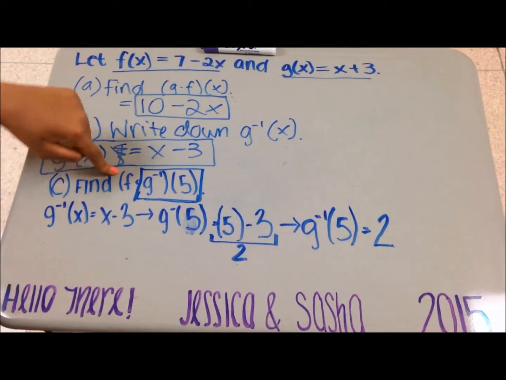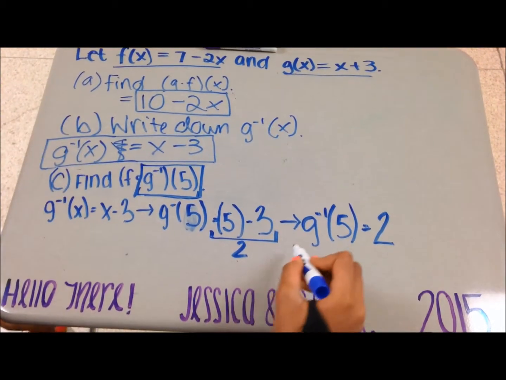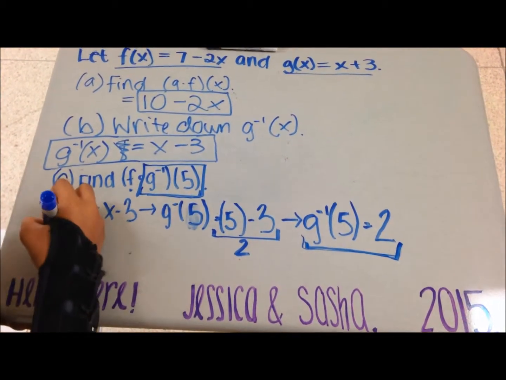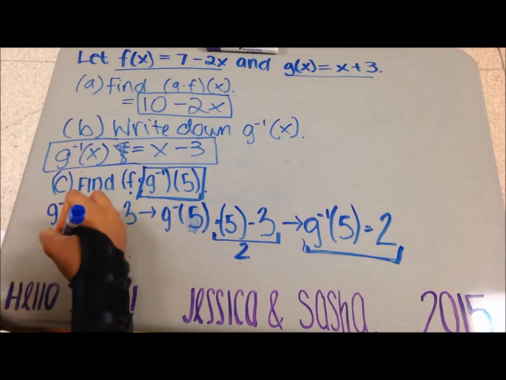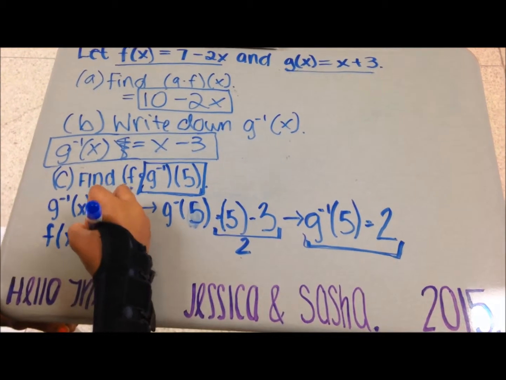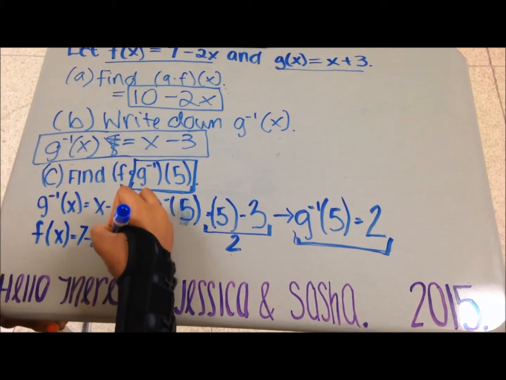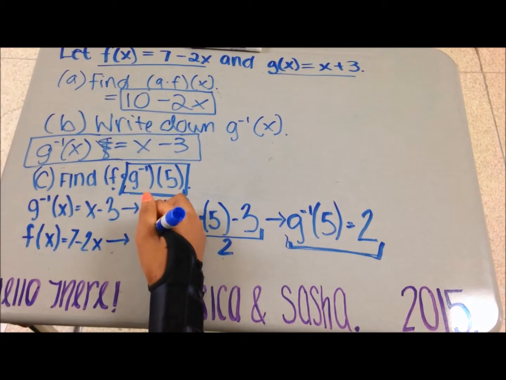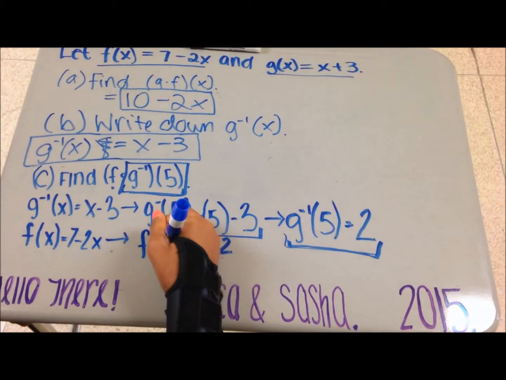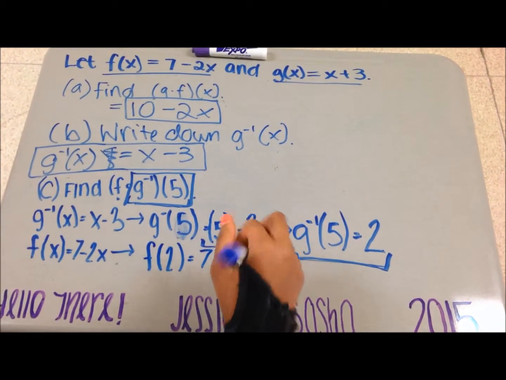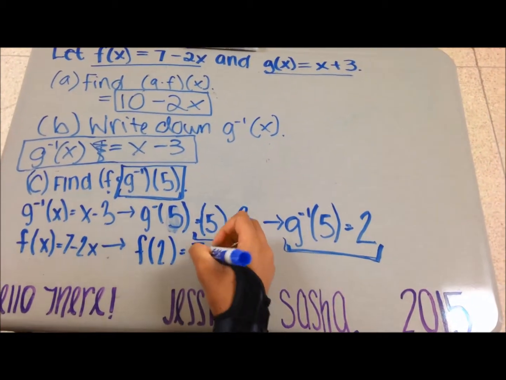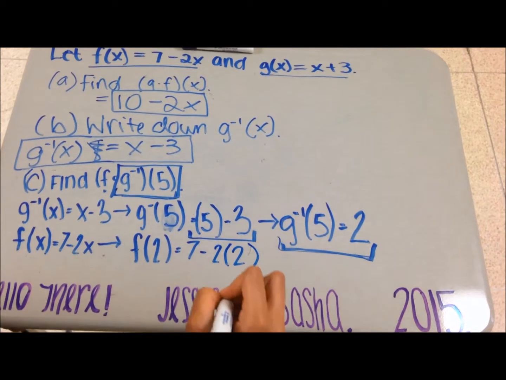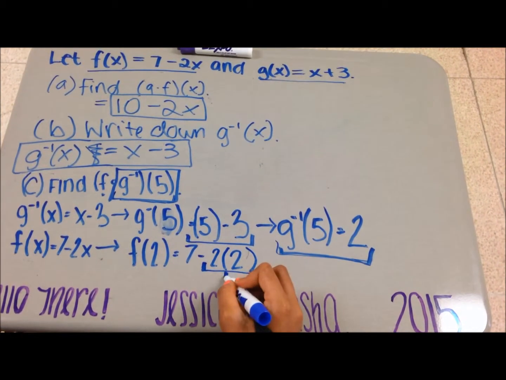Now we're going to take the f equation and substitute this 2 into it. The f of x equation again is 7 minus 2x. We substitute the 2 in for the x, so we have f of 2 equals 7 minus 2 times 2, and we know that 2 times 2 equals 4.